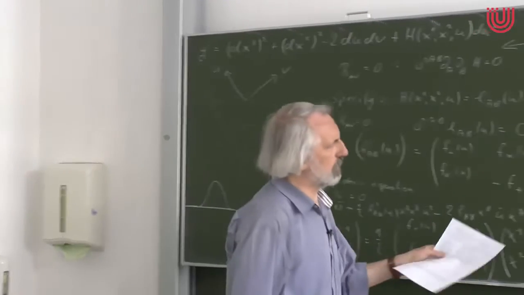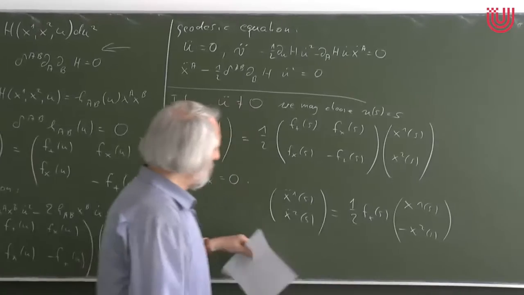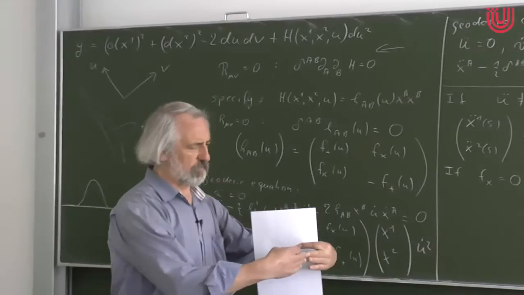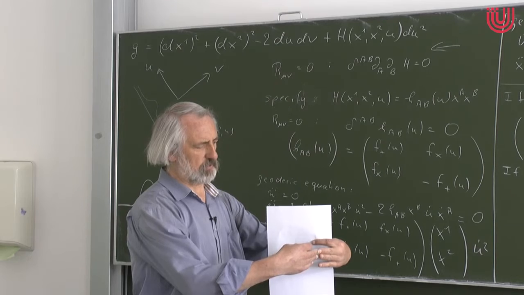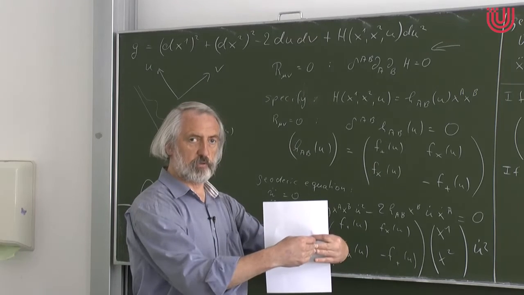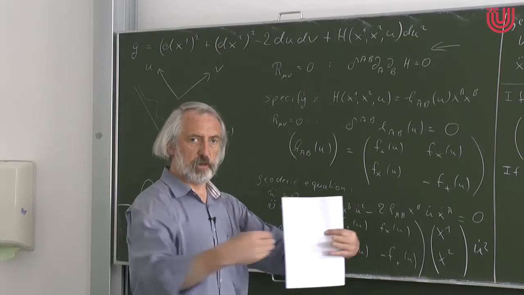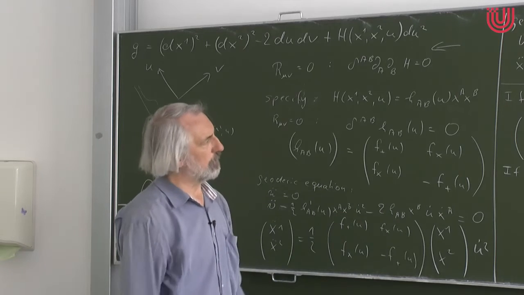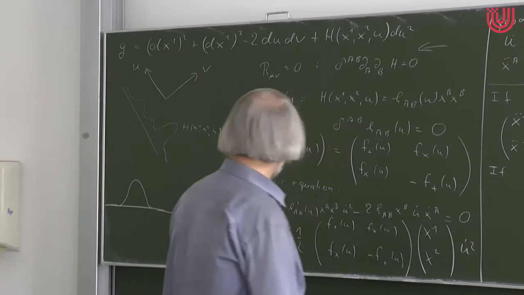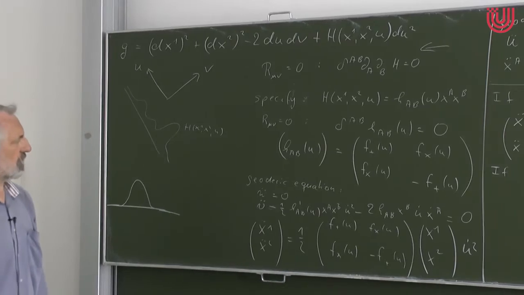Yes, so this is a differential equation we have to solve. This describes the behavior of geodesics if we just look at what happens in the direction transverse to the motion of the wave. Here are the x1, x2 planes. All this happens in the x1, x2 plane, and the other directions are then fixed.